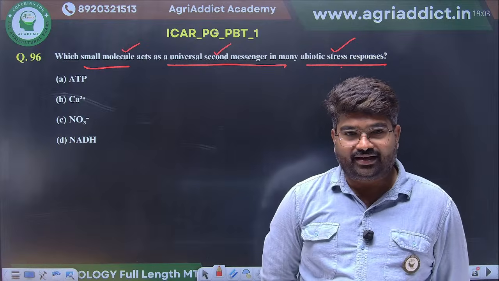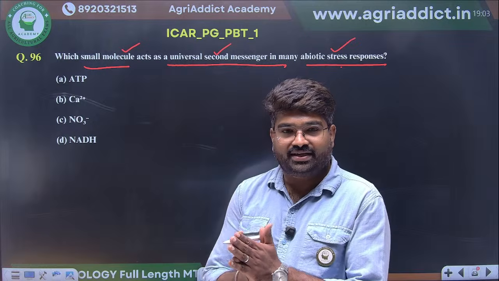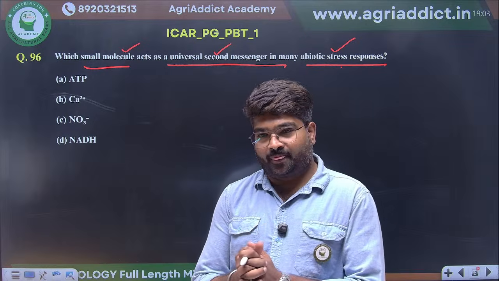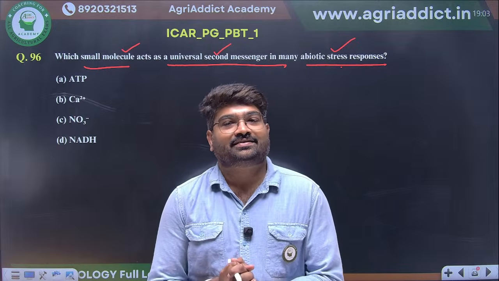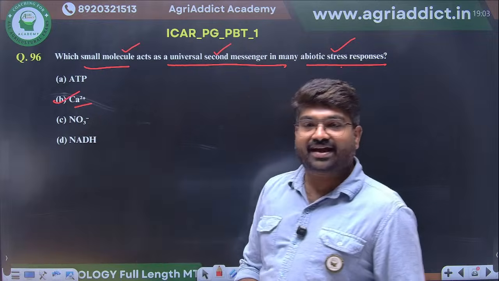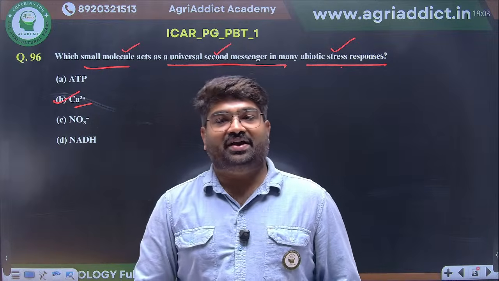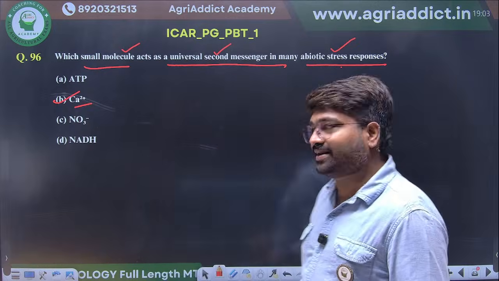Option A, ATP. Option B, calcium. Option C, nitrate. And option D, NADH. Any guess? Yeah, calcium is the right answer. Calcium will act as a secondary messenger during abiotic stress. Calcium is the correct answer.